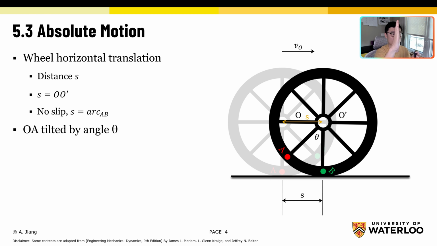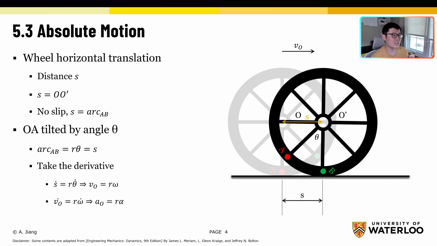Therefore, we can calculate the arc AB by using radius times angle, which is also equal to s.